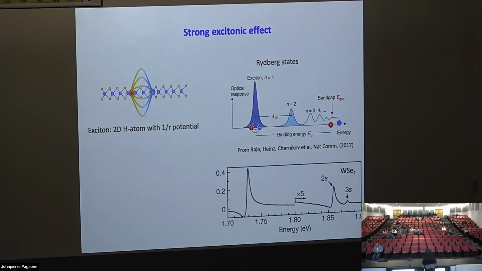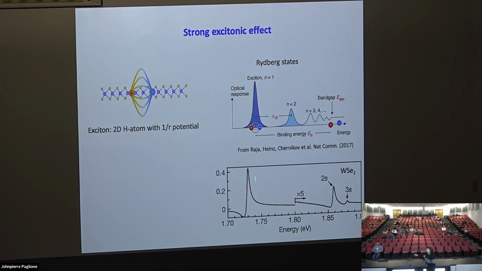In measurement, this is from a monolayer of tungsten selenide. You see a main peak, which is this 1s. But now I have to magnify the 2s and 3s by 5 times. You can see the 2s and the 3s, and then, not anymore. Those are much weaker.